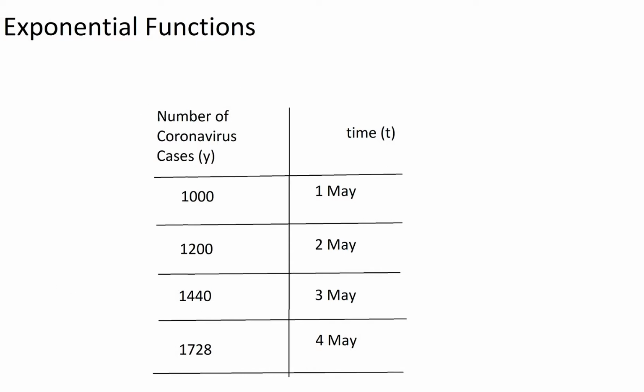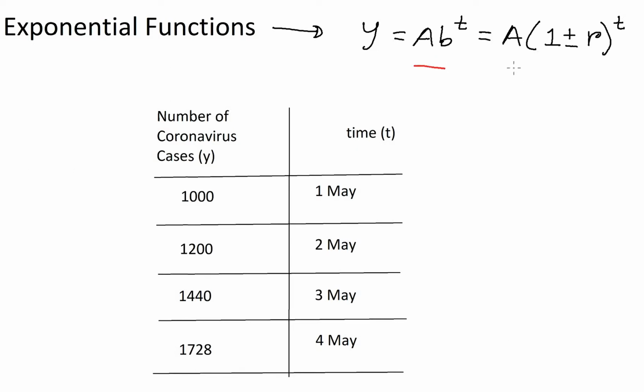So please remember, in ECO 244 we are looking at exponential functions of this format, y equals a b to the power t, which can also be expressed in this format, a into 1 plus minus r to the power t. We should remember that both formats are exactly the same.